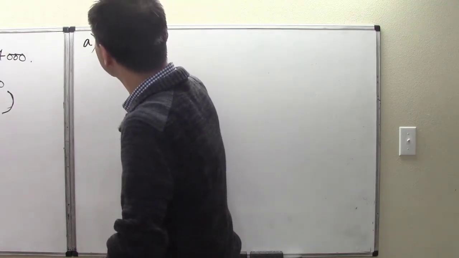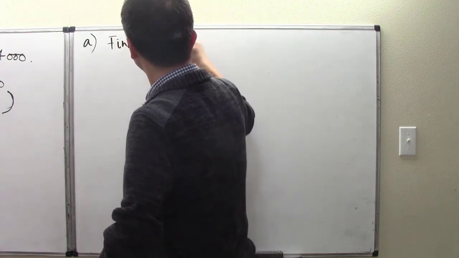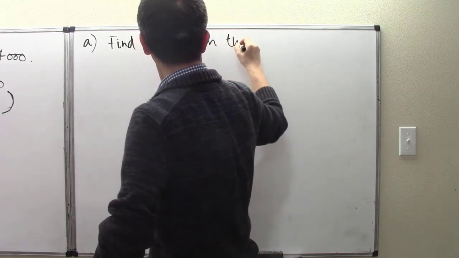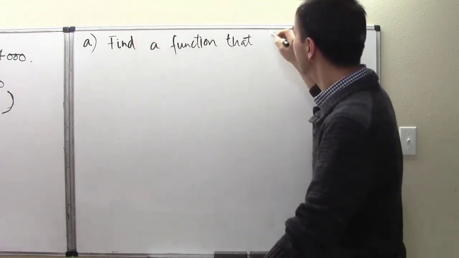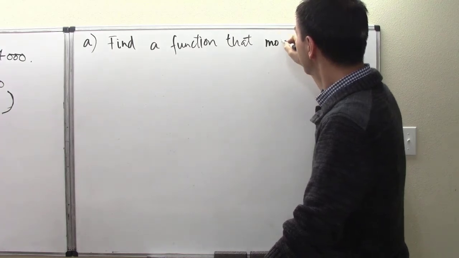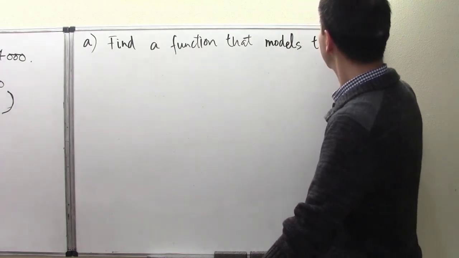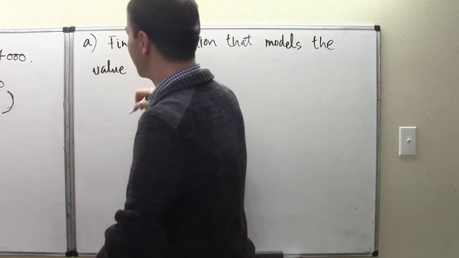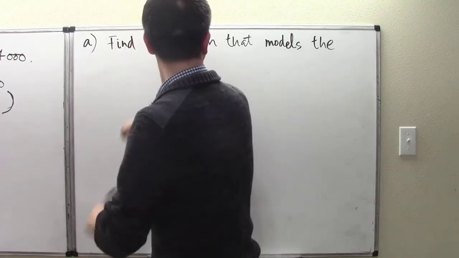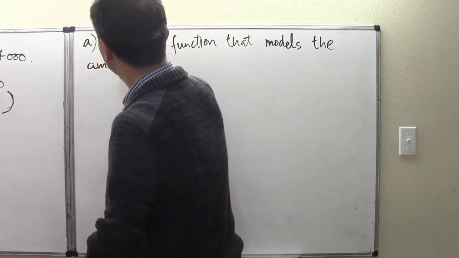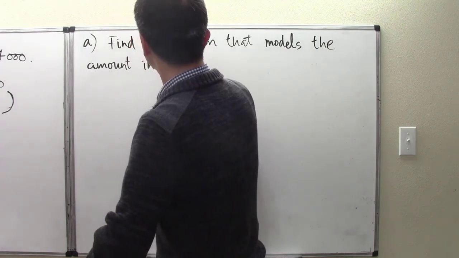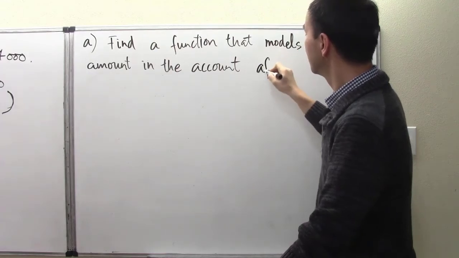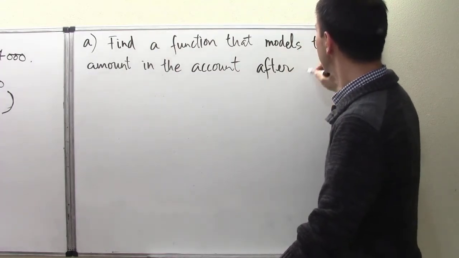We want to find a function that models the value, or how about the amount, in the account after t years.